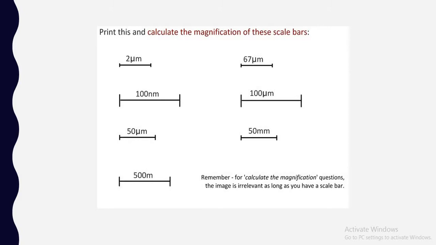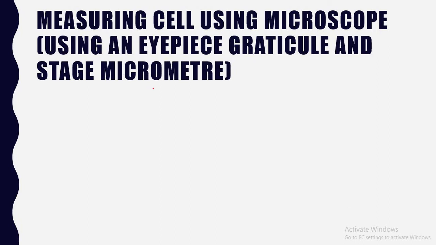Now the third scenario is using an eyepiece graticule and a stage micrometer. That is, you need to measure a cell using the graticule. Basically this is also helpful in AS level practicals where they will ask you to measure the cell using the microscope. So these are important practical skills also.